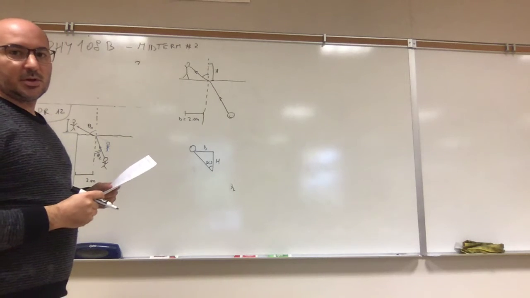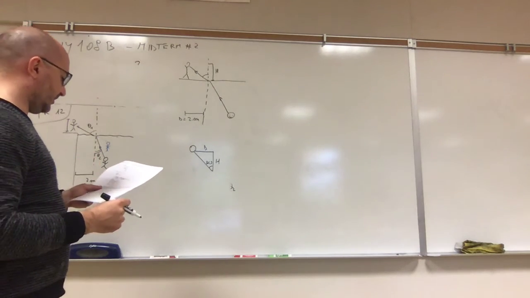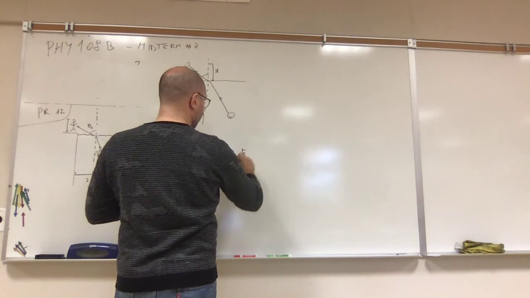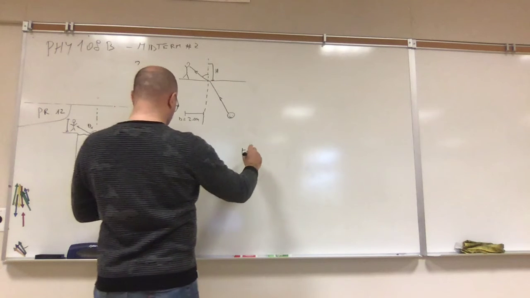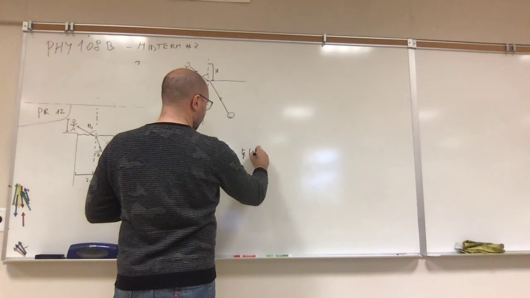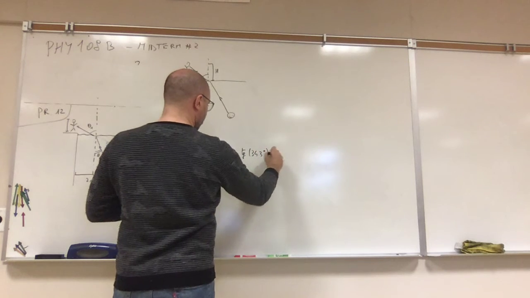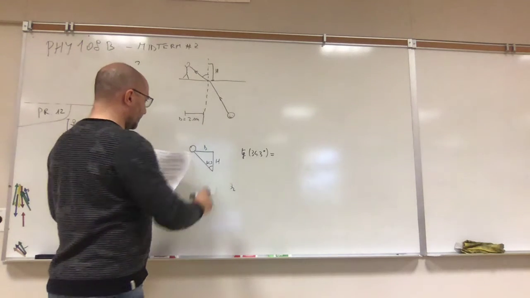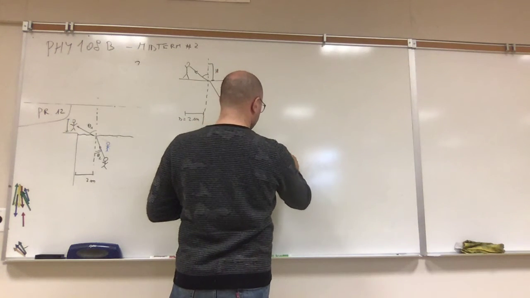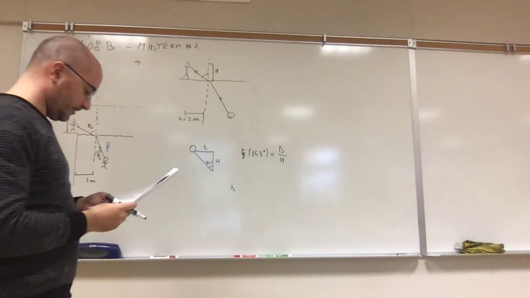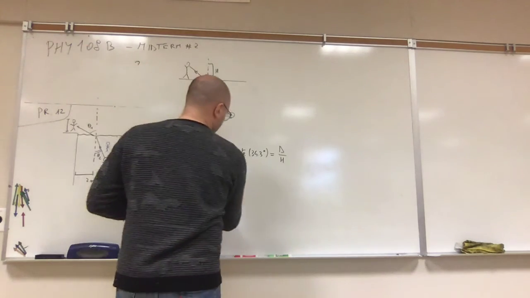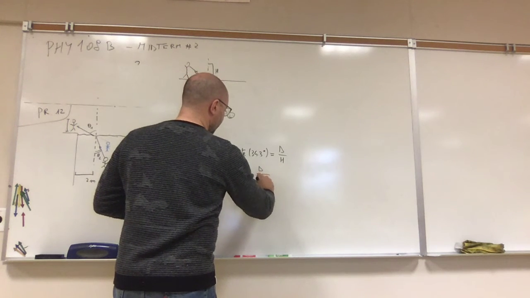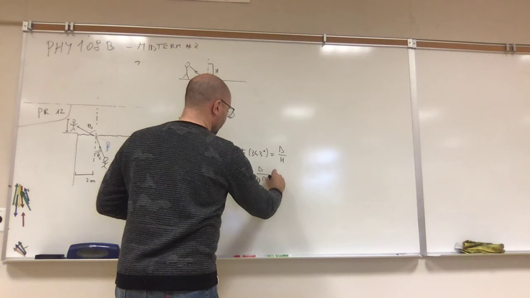So this is a geometry problem, and how do we find it? Well, the tangent of this angle of 34.3 degrees is equal to D over H. And so H is equal to D over the tangent of 34.3 degrees.